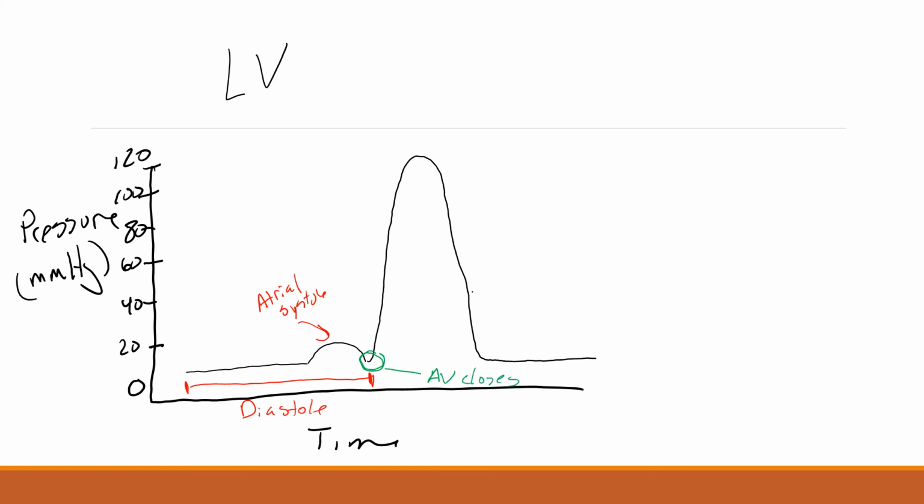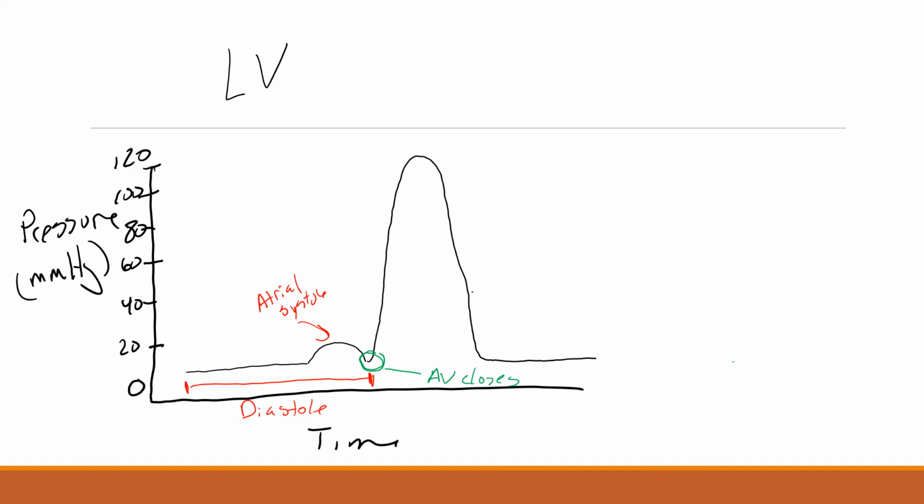Again, that's to prevent backflow. So as pressure starts to increase inside the left ventricular chamber, the AV valve, or the mitral valve, is actually going to slam shut to prevent any backwards flow. Because again, we always want it to move in one direction towards the systemic circulation, and not backwards into the atria. So the AV valve closes to prevent that as the pressure is going to increase.